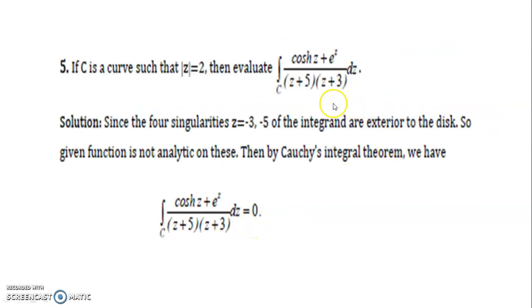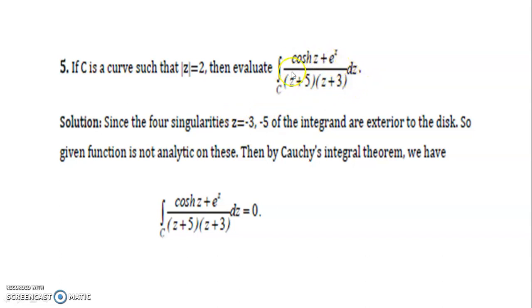Similarly, we can take another function with cos hyperbolic, but the domain of the circle given is the closed curve |z| = 2, with radius 2 and center at the origin. In the denominator we have z + π and z + 3.